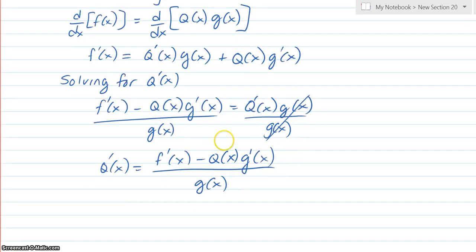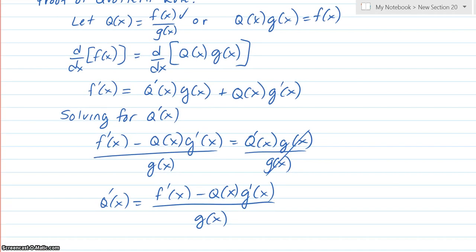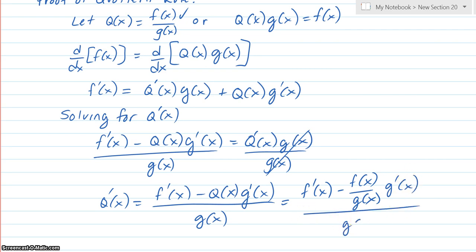So I don't want my answer in terms of q of x. If you remember, q of x was just f over g. That's what I originally started with. So I'm going to say this is equal to f prime of x, and change q to f of x over g of x from my first line up here. And then I'm still going to have that g prime of x, still have that g of x. I don't like the double fraction, so I'm going to multiply both sides by g of x.